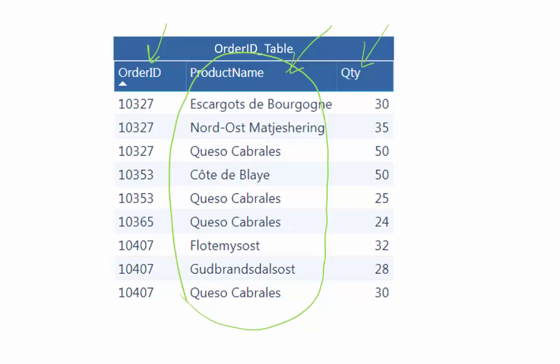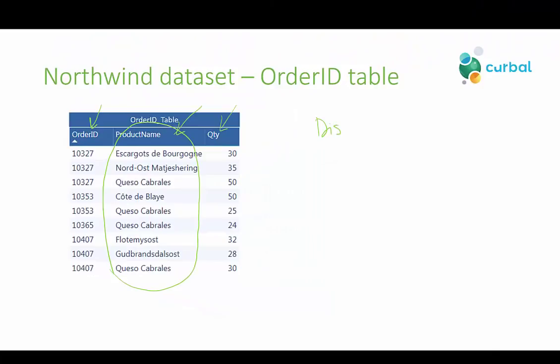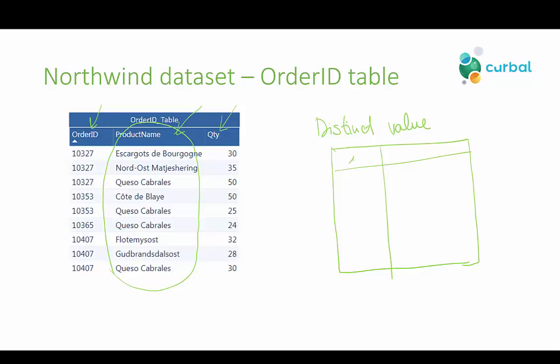So what Vertipaq does when storing text is to try to find distinct values of the text, and it will create its own table with those distinct values. So it will create an ID column, and then it will create the name column. So it will extract the actual values here.